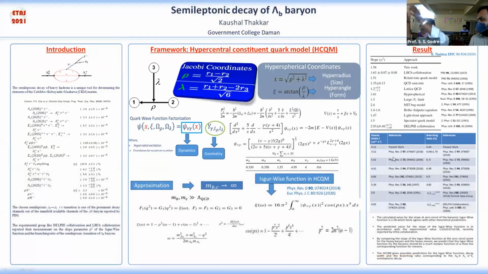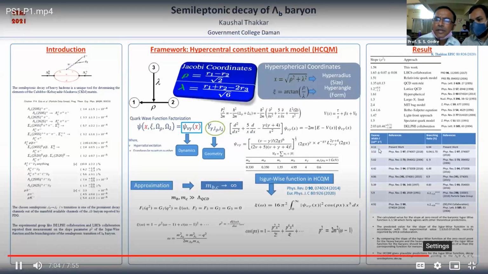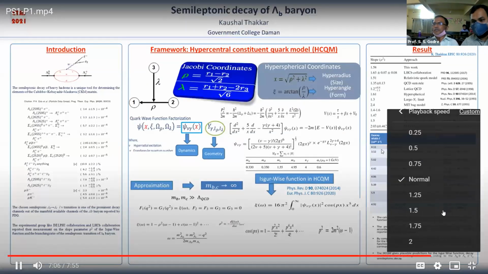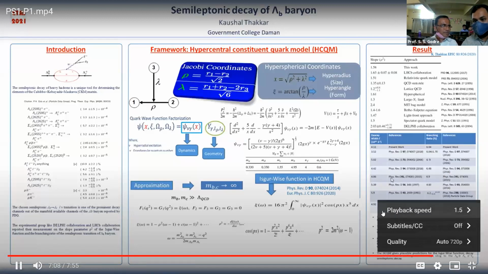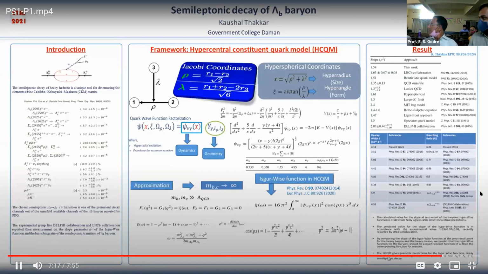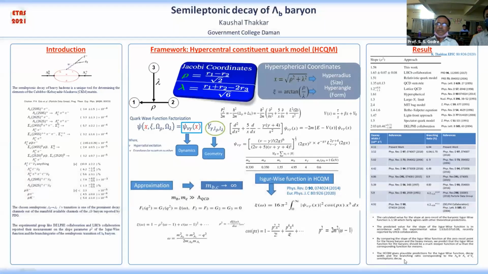And when we talk about the decay width of this lambda b baryon, the calculated result is in good agreement with the experimental value. So here we can say that the hypercentral constituent quark model gives plausible predictions for the Isgur-Wise function for this study.